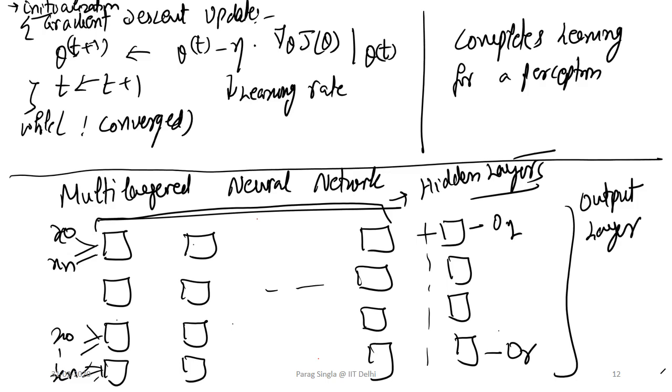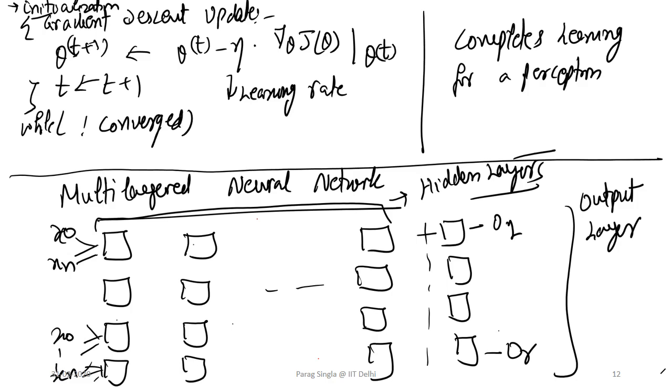So this is our structure of the neural network, where we have this x0 to xn feeding into all the perceptrons in the first hidden layer, and going all the way to the output layer.